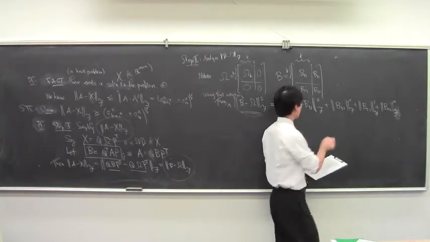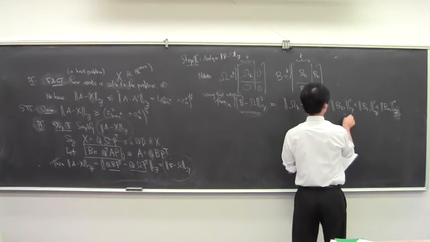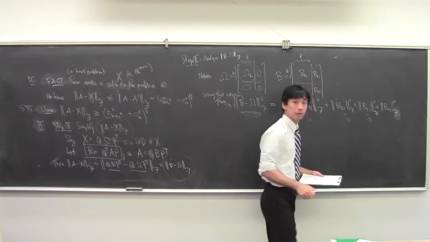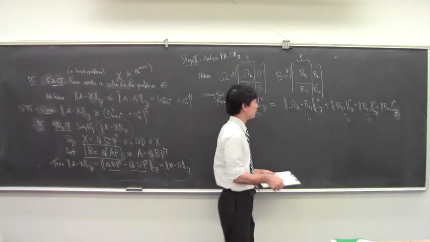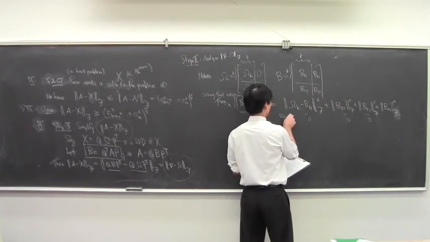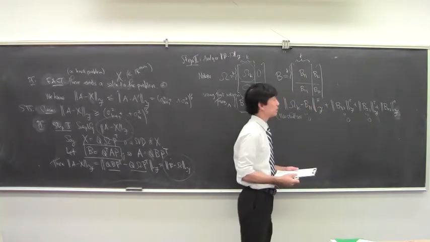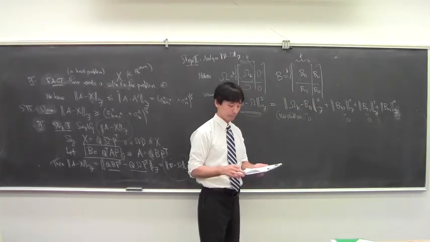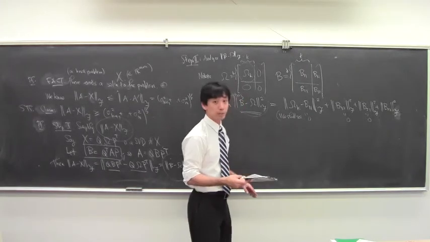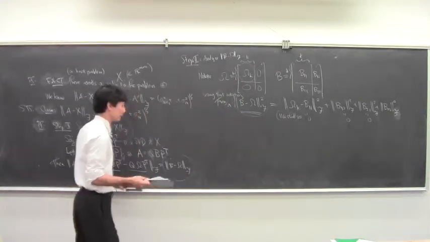And what we're going to see is that each of the first 3 pieces has to be equal to 0. And the last piece will give us what we want.